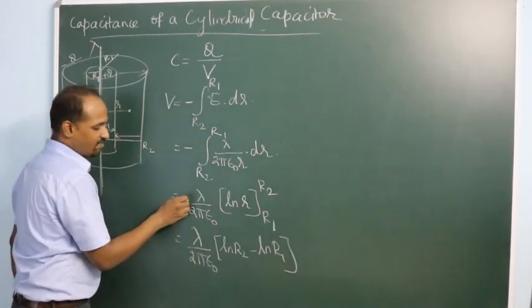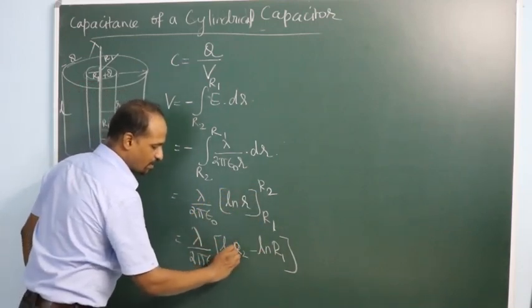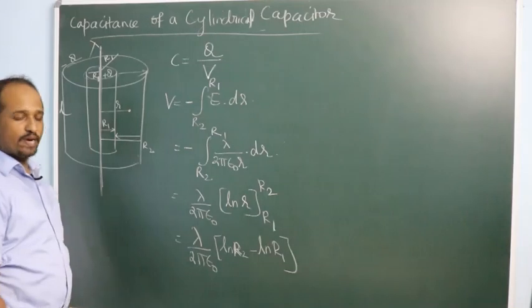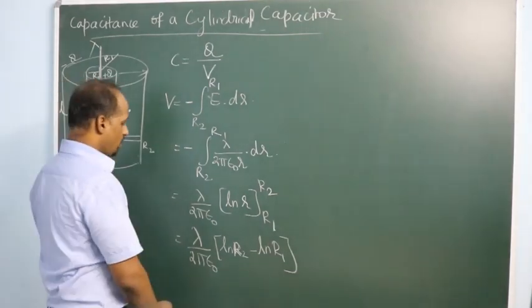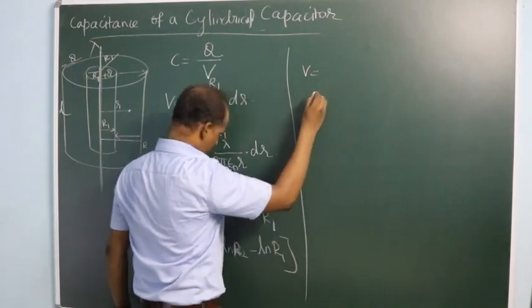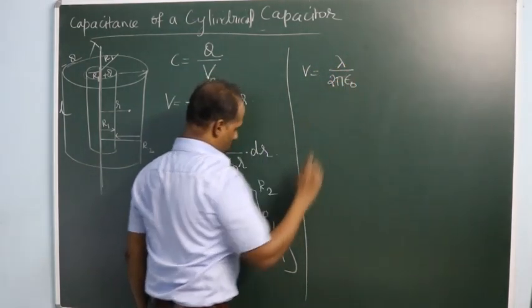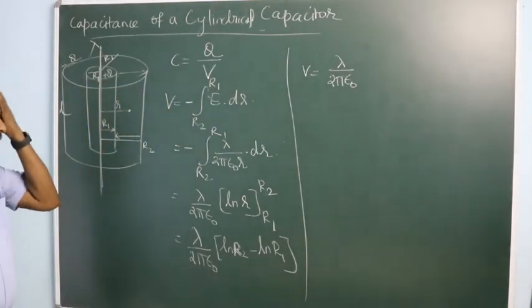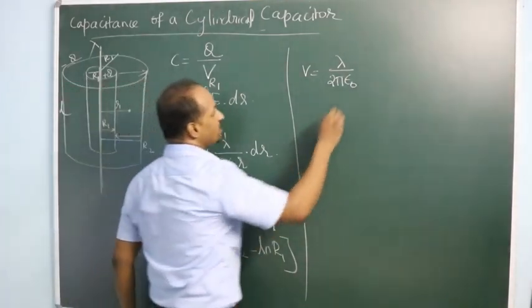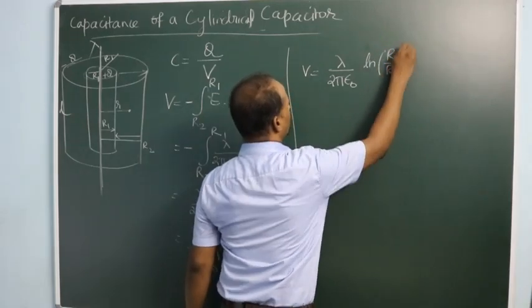If the negative sign were there, R1 minus R2 would come; after multiplying by the negative sign, it becomes natural logarithm of R2 minus natural logarithm of R1. Then the potential V will be equal to lambda by 2 pi epsilon naught. Log A minus log B is log of A by B. Hence it is natural logarithm of R2 by R1.